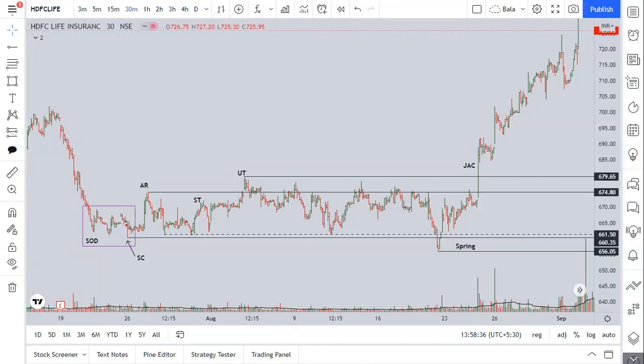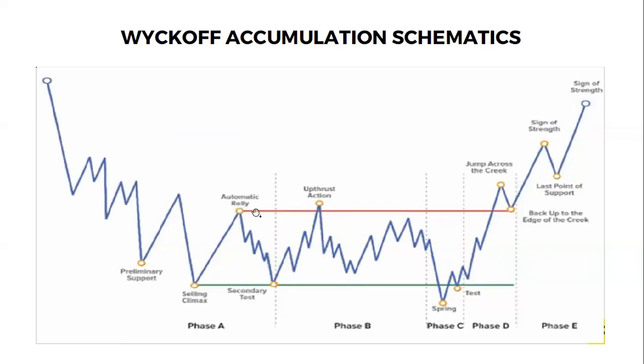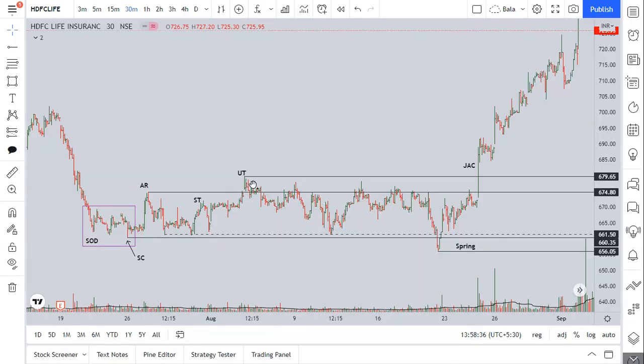So in simple, they have tested this particular level right here. Okay, they came back, they tested with the secondary test, and once the secondary test has been completed, they went back and tested the automatic rally. Above the automatic rally, that's where phase B starts. Once the automatic rally is completed, upthrust action is completed.